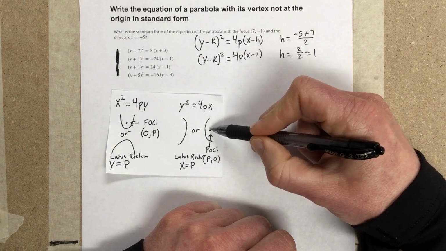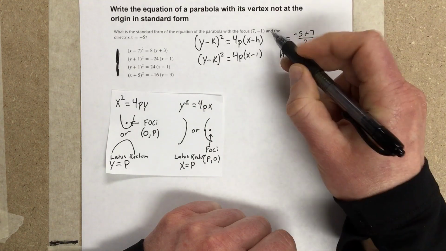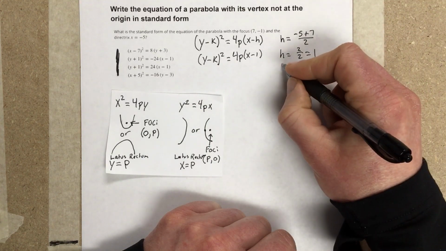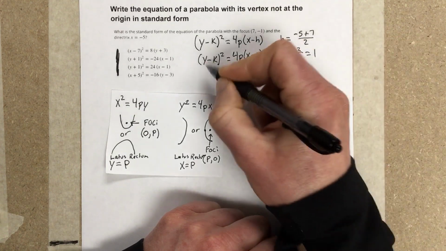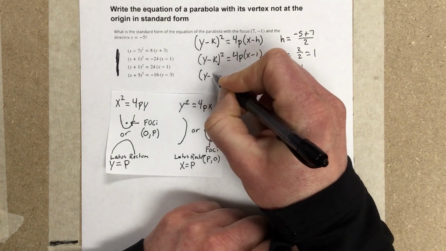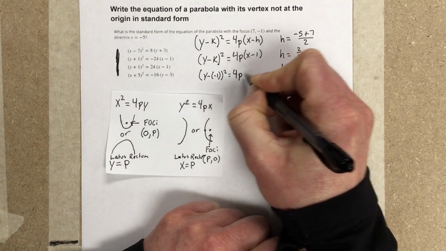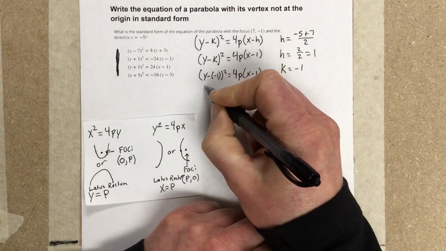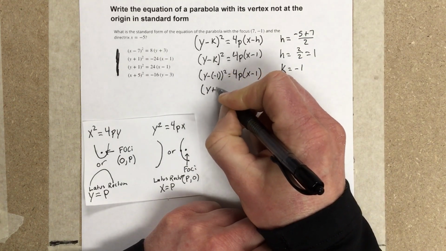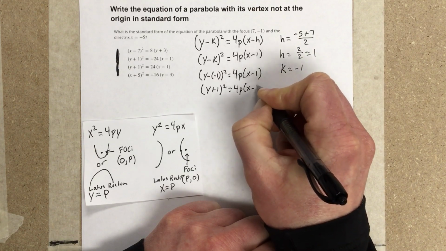So the y value of the focus should be the same as the vertex there. That means k is equal to -1. So we can plug that in and say (y - (-1)) squared is equal to 4p(x - 1). So we have (y + 1) squared is equal to 4p(x - 1).